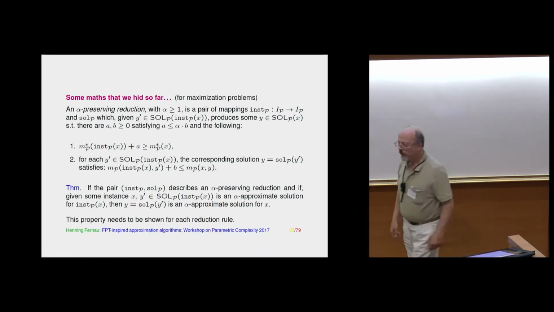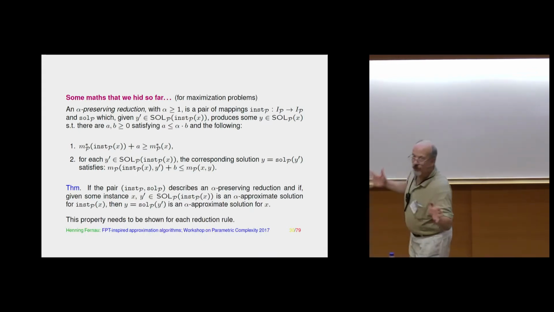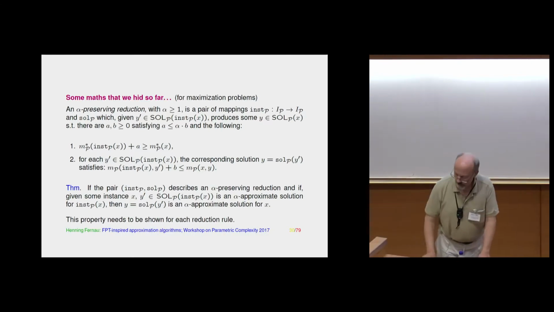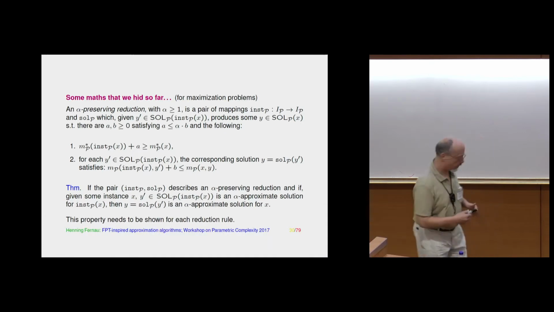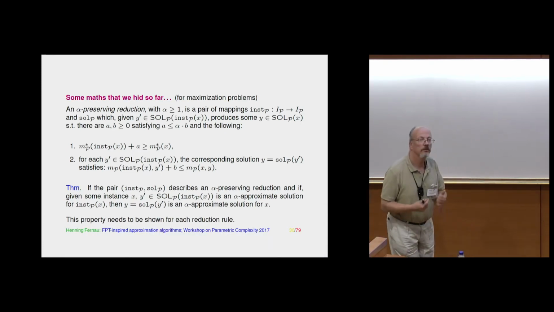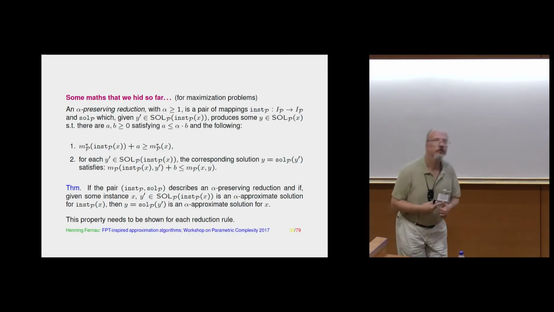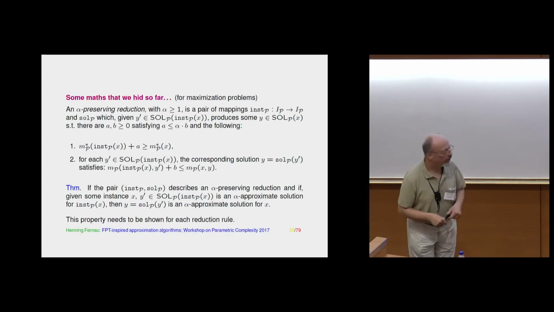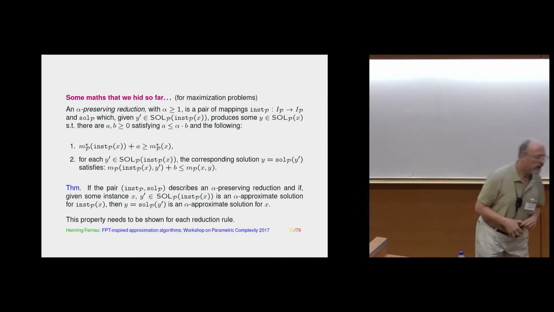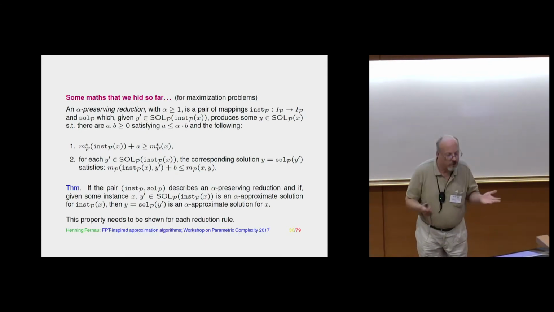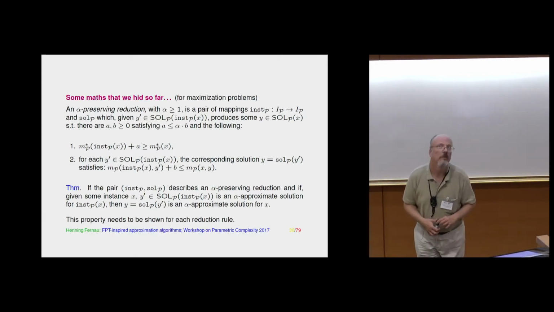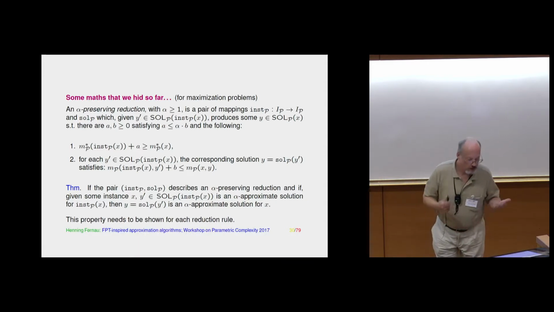If we want to preserve a certain approximation ratio, then we need, as mostly in approximation algorithms, to deal with both transformation of instances and transformations of solutions. That's what's basically written there, in a language traditionally inspired by how people in approximation write it.